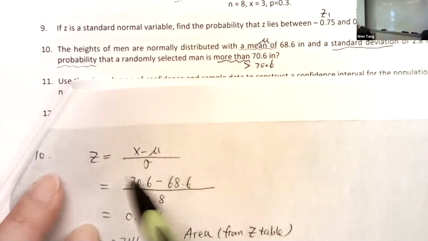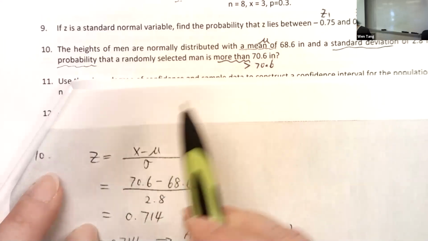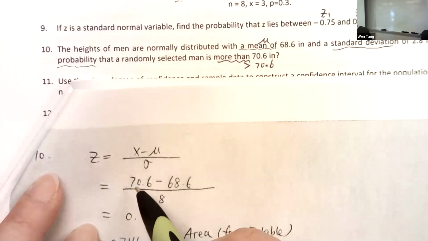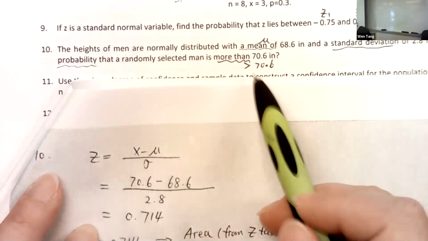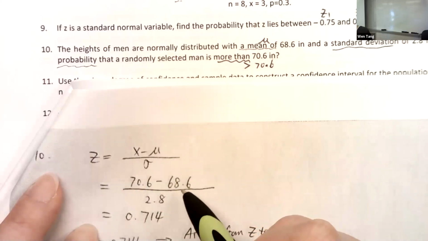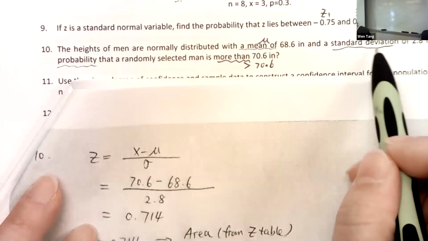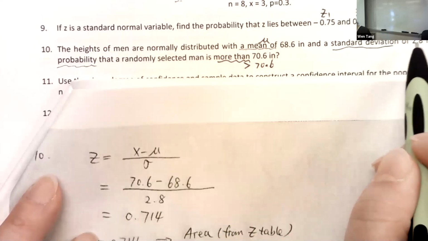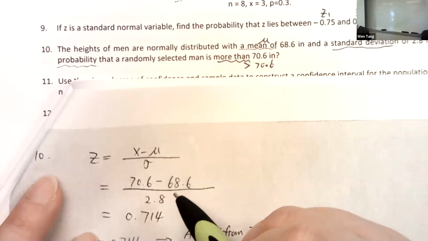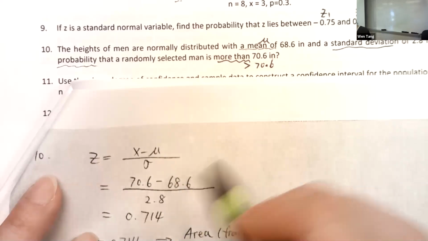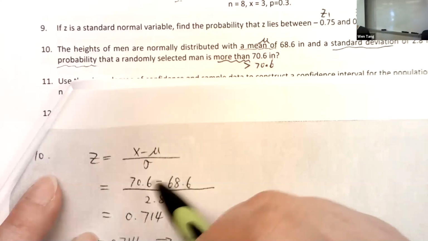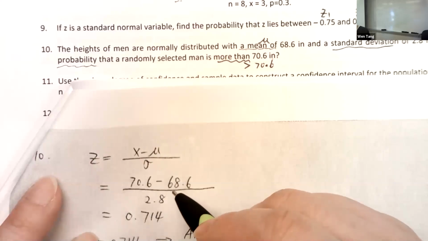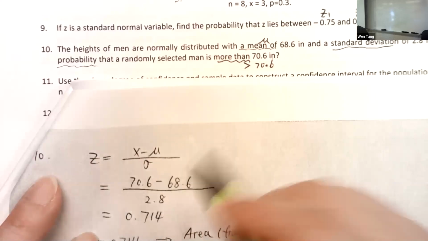So don't mess up the order. This one is the first value because we're gonna test this value. And this is the mean value, divided by the standard deviation, 2.8. The denominator is 2.8. Some students put the mean value as the denominator. Okay, make sure you know that's the standard deviation.